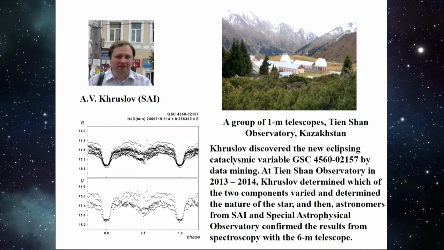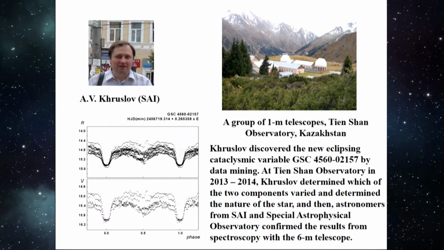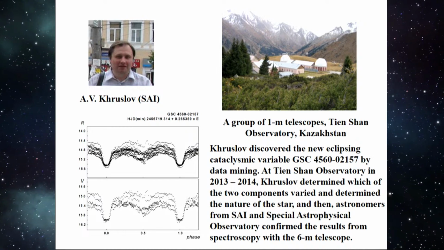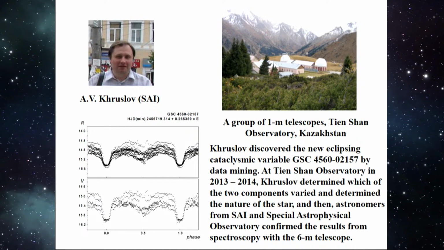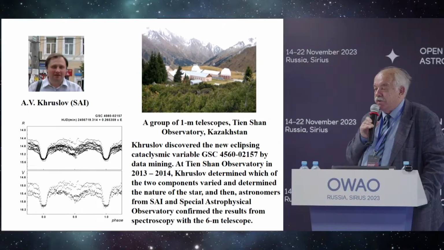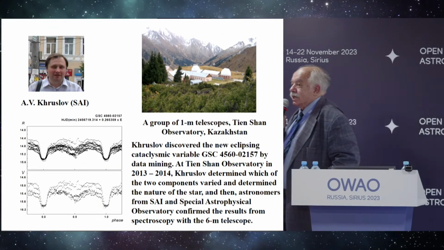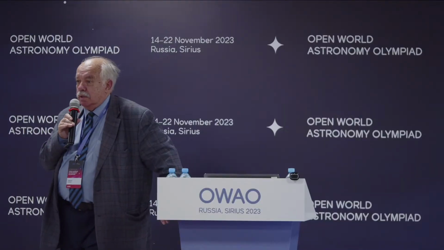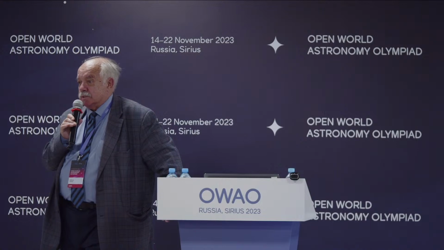And then he obtained spectra with a 6 meter telescope. And this is not just an eclipsing star. You see that in maximum light, its brightness varies. It's a potential cataclysmic variable, like huge outburst stars or something like that. We didn't see such an outburst of this star till now. But wait, we will see it.